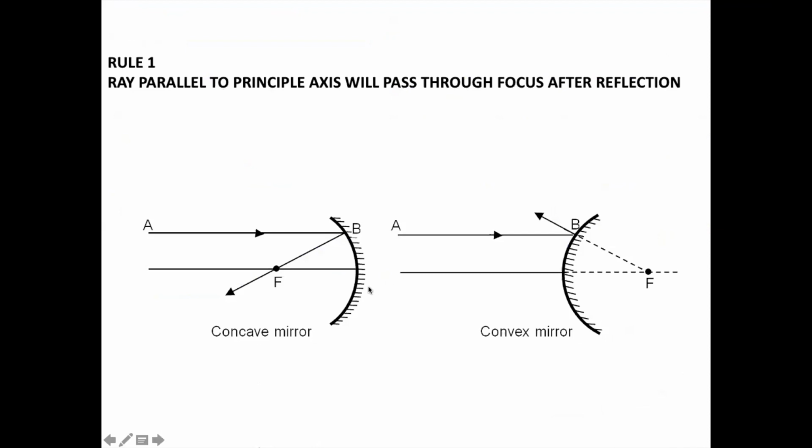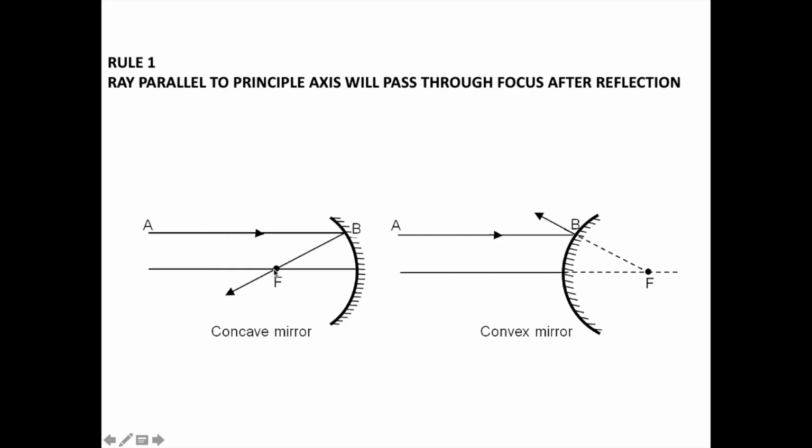The first rule is that when the ray is parallel to the principal axis, this is the principal axis, it will reflect back and it will always pass through the focus. That is the concave mirror. Converging. It will always converge and pass through the focus.